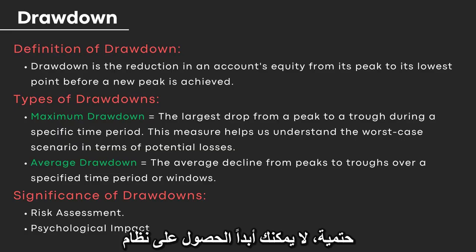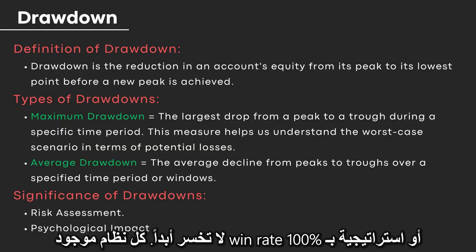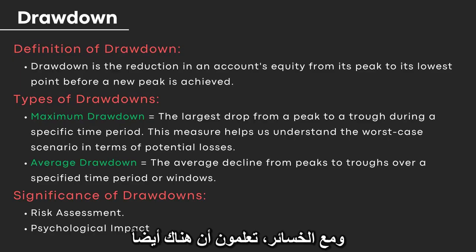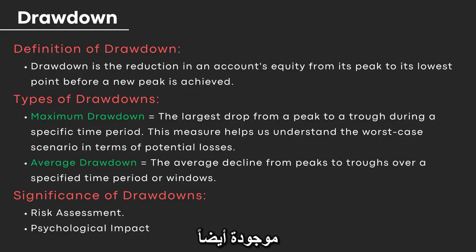You can never have a 100% win rate system or strategy that never loses. Every single system that exists must always have losses, and with losses there's also the variable of losing streaks. Because if losses exist, then losing streaks exist too, right?